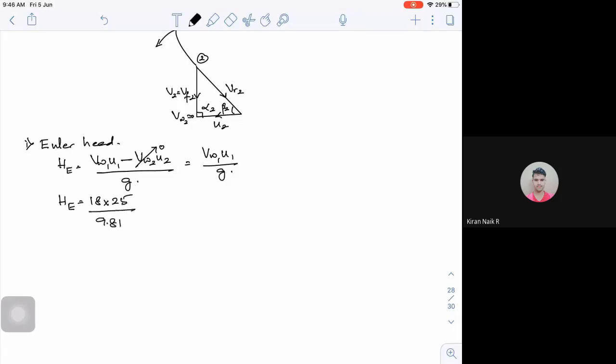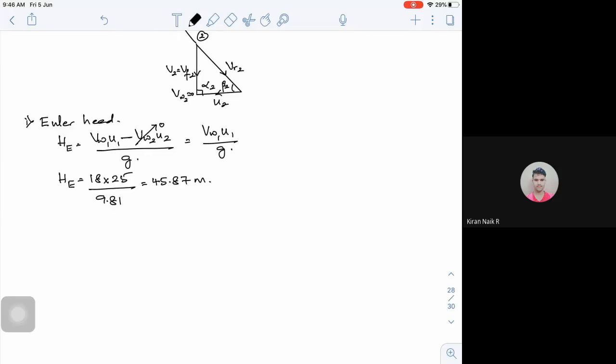So if I do that, 25 into 18 divided by 9.81, I am getting 45.87 meters, which is 45.87 meters of that particular fluid, that is water. So this is your Euler head.